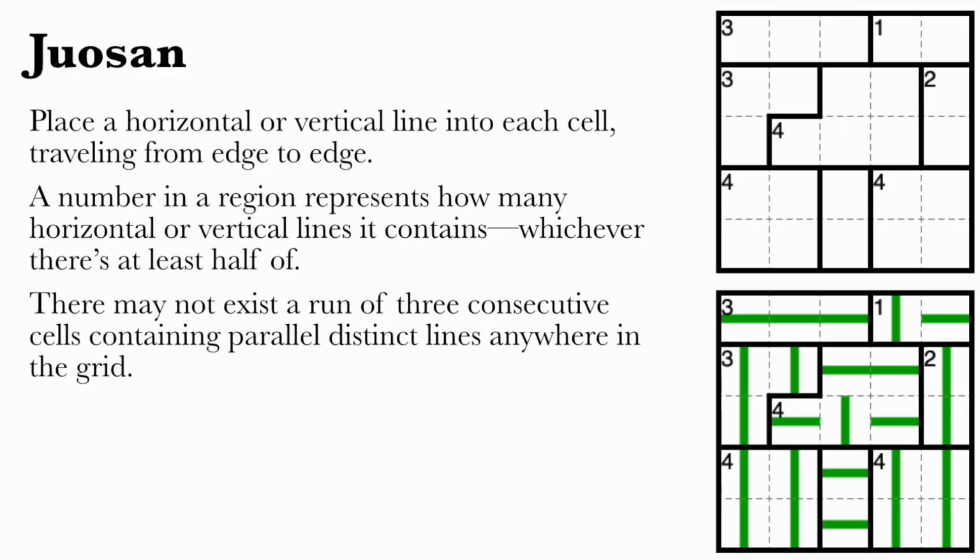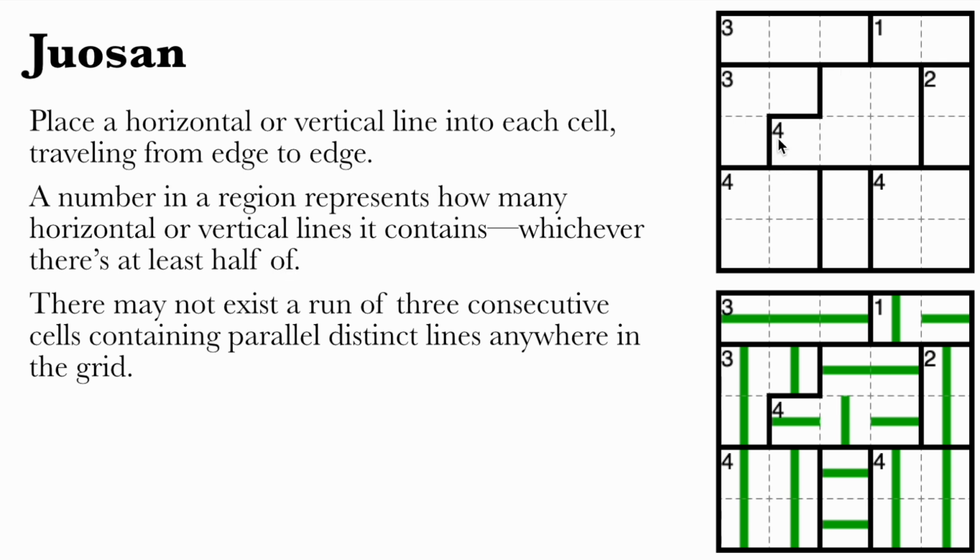In a Juosan puzzle, we place a horizontal or vertical line into each cell, traveling from edge to edge. You can see that in the example solution. We're just drawing a line in every cell, either up and down or left and right. A number in a region represents how many horizontal or vertical lines it contains, whichever there's at least half of.